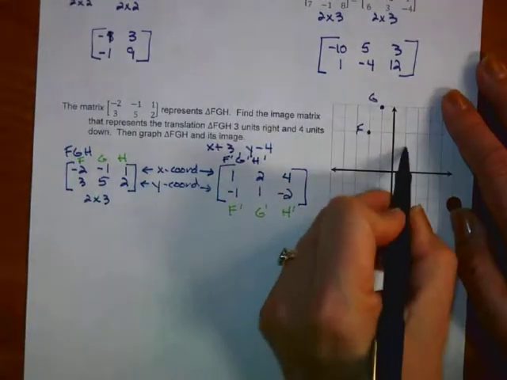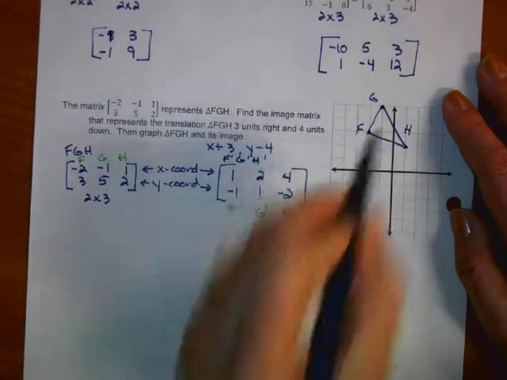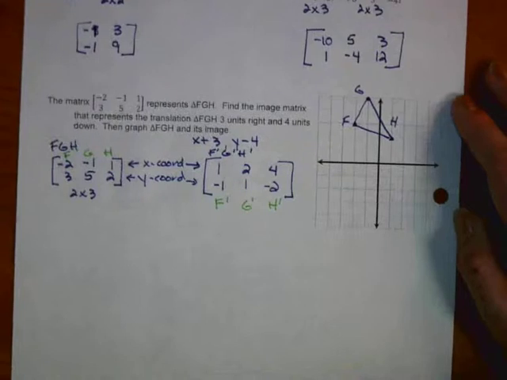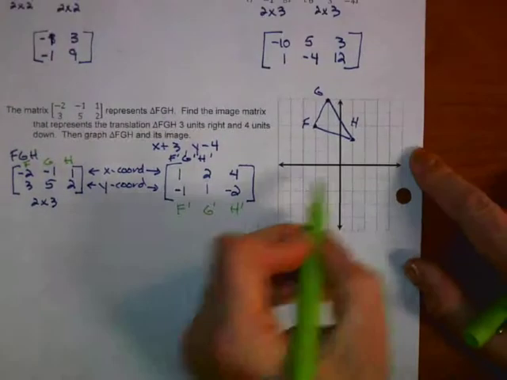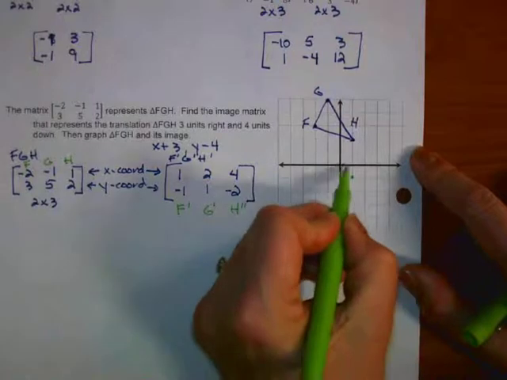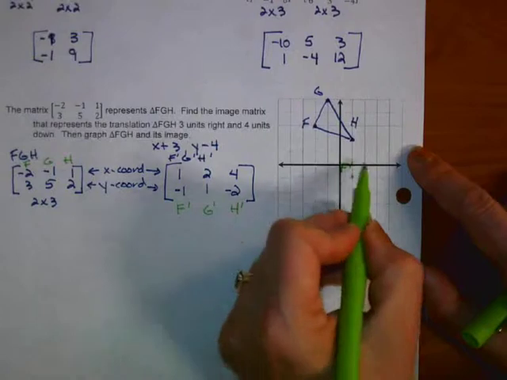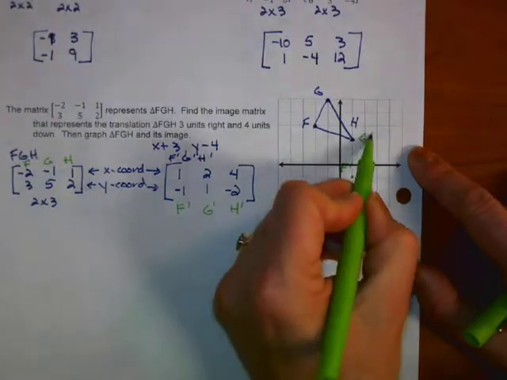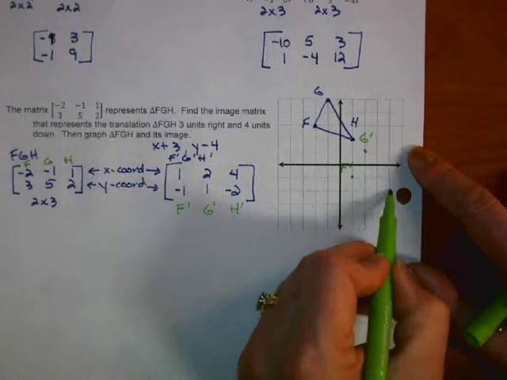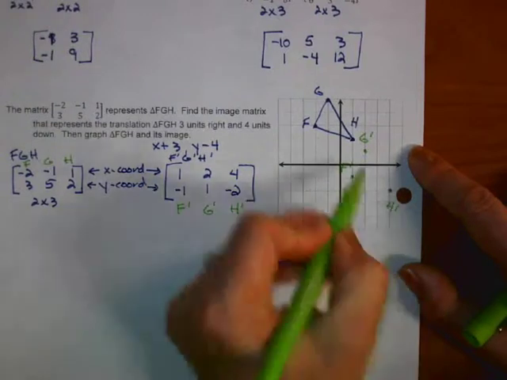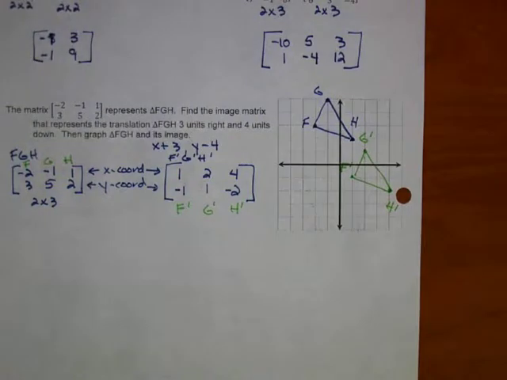And over 1 up 2. And then you graph your image. Over 1, down 1. That's my F prime. Over 2, up 1. Cool?